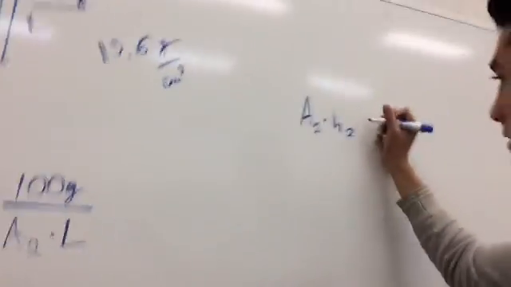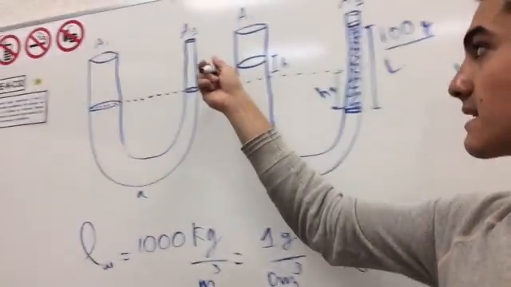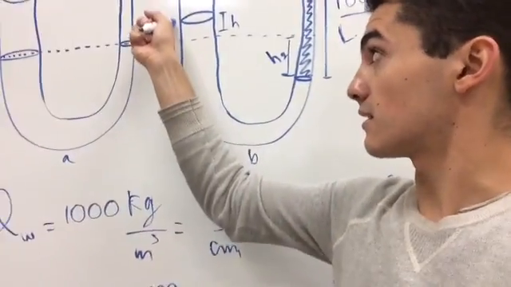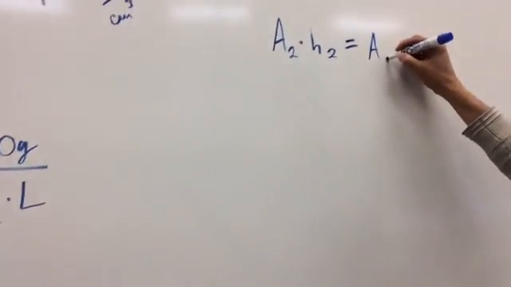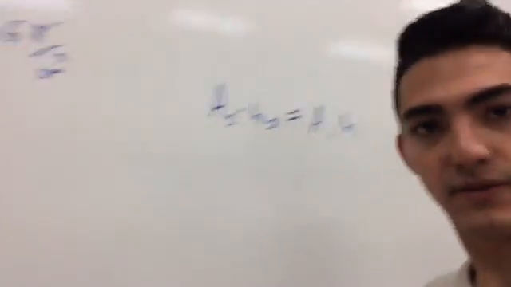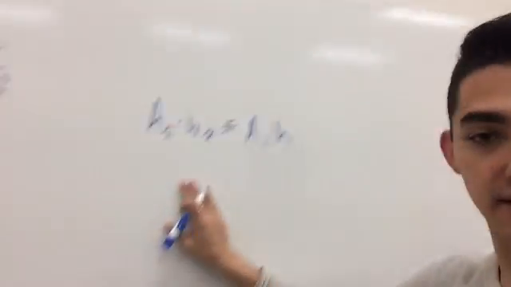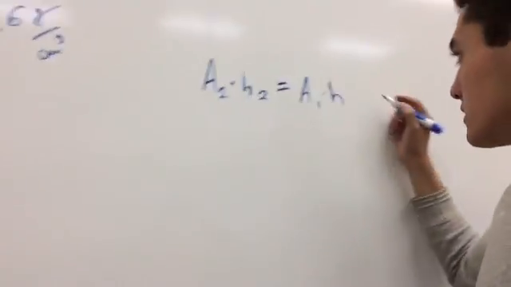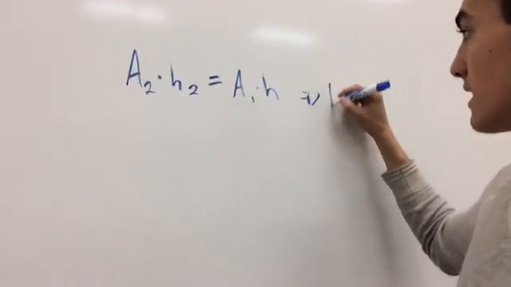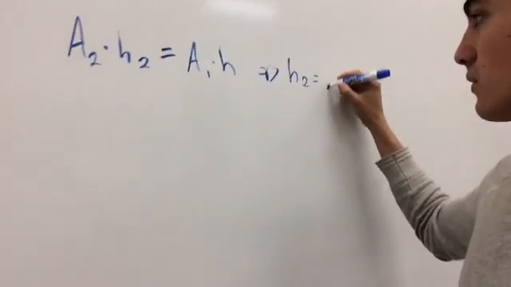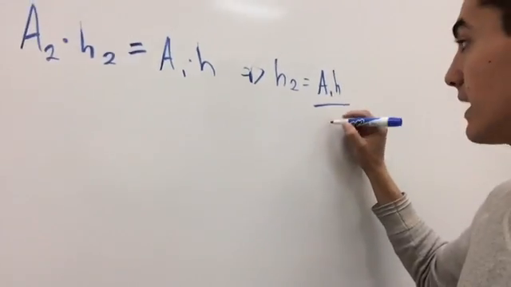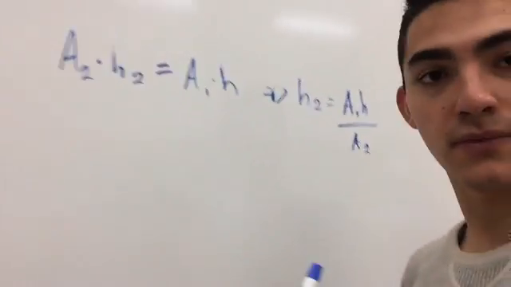It's equal to the quantity that goes up. So it's equal to H, the height, times the area, so area 1 times the height. Now with this equivalence, we can get H2 by saying that H2 equals A1 times height over area 2. Okay?